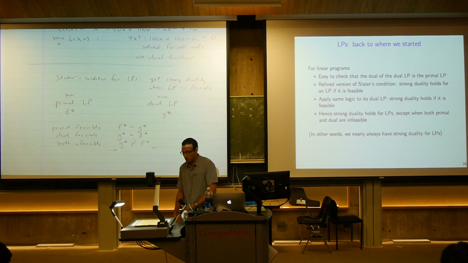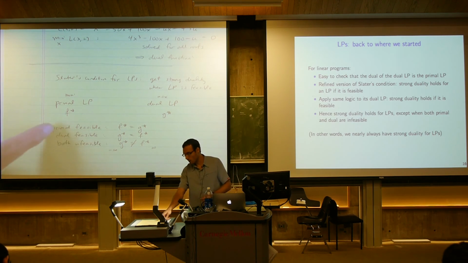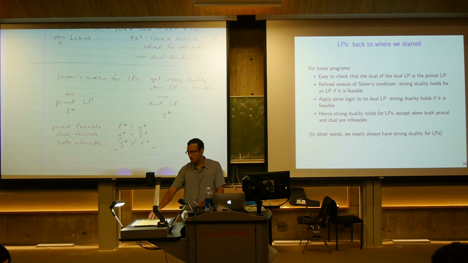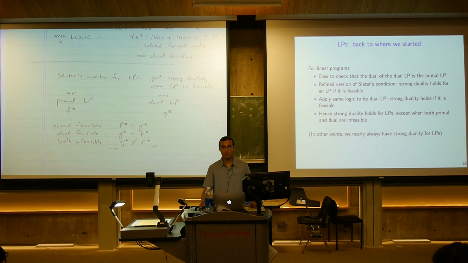So for linear programs, we pretty much always get strong duality because it holds if either the primal or the dual is feasible. We only don't get strong duality when both are infeasible. In that case, it's in some sense a very trivial situation because the dual optimal value is negative infinity and the primal optimal value is infinity. So you might ask yourself when you would encounter such linear programs in the first place.